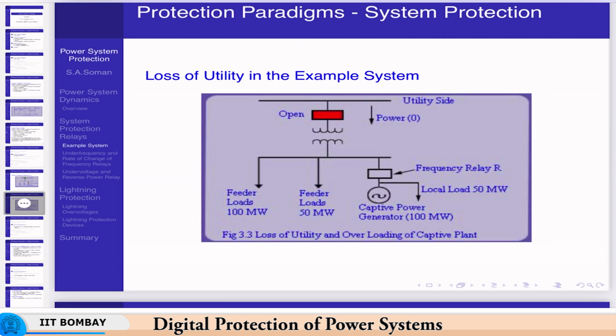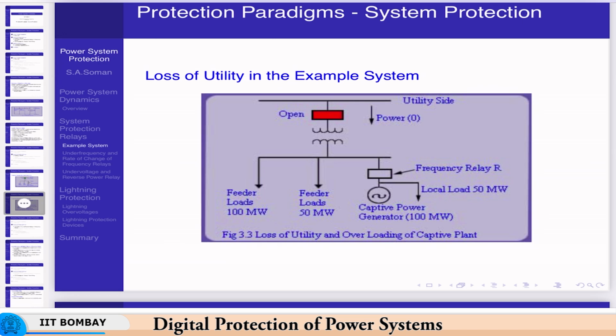So your generator, which was earlier providing 100 megawatts, has to now cater to loads of not only 50 megawatts, which is the local load, but also the other 150 megawatts. So a 100 megawatt generator will now be loaded to 200 megawatts. This is definitely not sustainable, and it will start slowing down to a point where it will be tripped by its own under frequency relays.